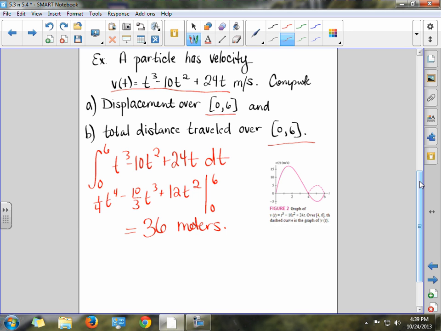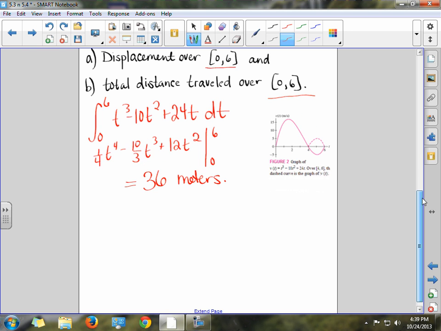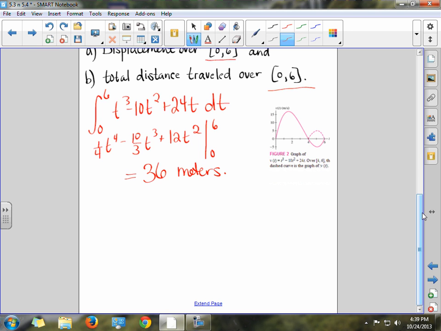So now let's talk about total distance traveled. It's really helpful when you're trying to determine total distance traveled to look at a graph, because I don't want to take the antiderivative of an absolute value function. It's much easier for me to just look at the graph.